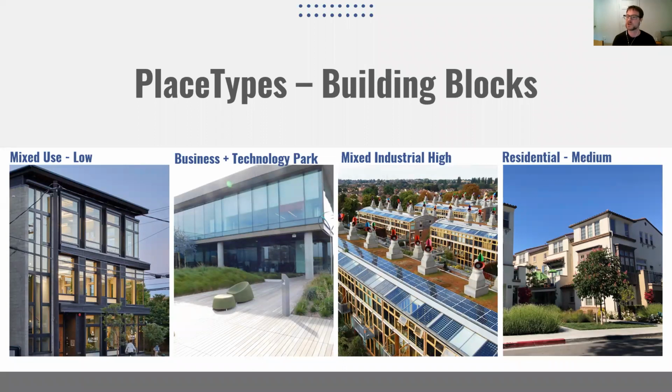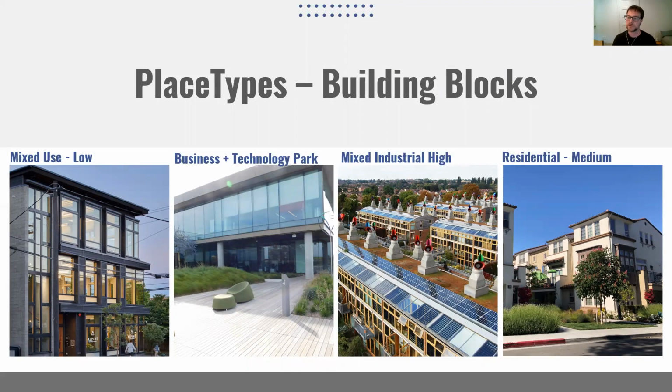Underlying each of those alternatives is a series of building blocks. These building blocks illustrate different types of residential, commercial, and public and institutional uses across the city. This shows a selection of those different place types or building blocks, showing mixed use types, non-residential business and technology parks, and residential types such as medium intensity residential.